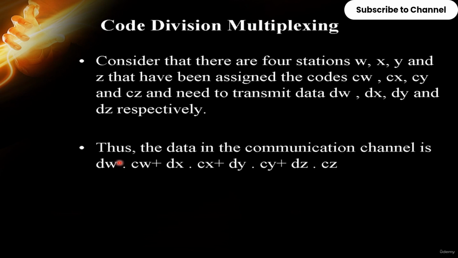The communication channel is given by this formula: DW dot CW, where DW is the data and CW is the code of station W. Similarly, DX dot CX for station X, plus DY dot CY for station Y, plus DZ dot CZ. Likewise, the codes are multiplied between the stations.